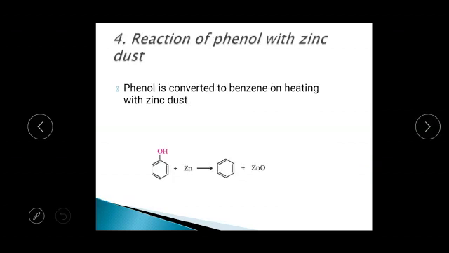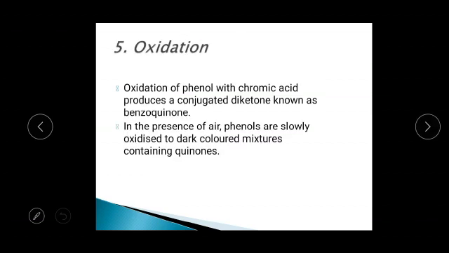Then the reaction of phenol with zinc dust: phenol is converted to benzene on heating with zinc dust. Oxidation of phenol with chromic acid produces a conjugated diketone known as benzoquinone.